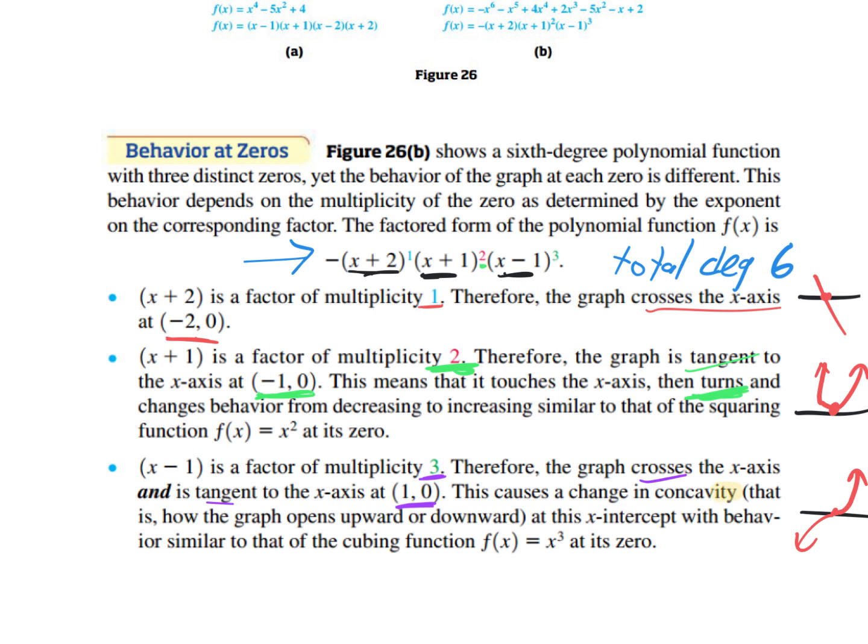So if you ever hear concavity change, this is what it means: the function literally changes the direction that it is curved in. You can see this looks very similar to the cubic graph, and that's how we remember it. We will use these three shapes to help us graph these functions in the future.